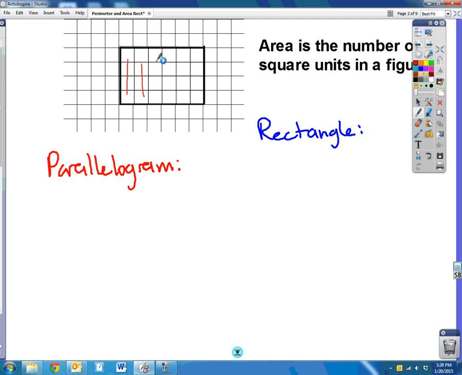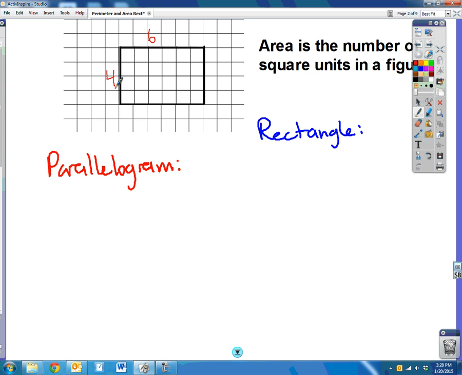So there's 1, 2, 3, 4, 5, 6 columns, and there's 4 rows. And so if there's 6 columns of 4 rows, we're looking at 6 times 4, which gives us 24. So the area of that rectangle is 24.